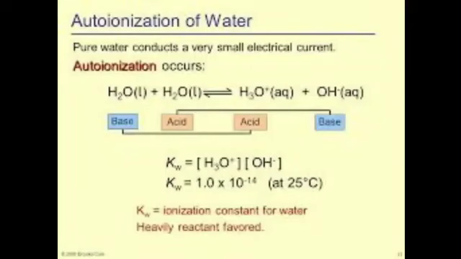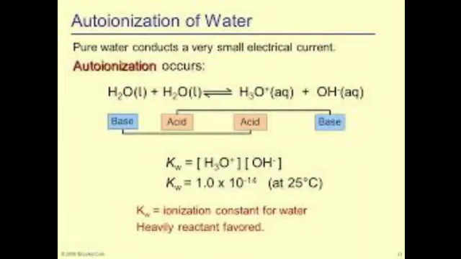Hence we write Kw is equal to concentration of H3O+ into concentration of OH-, where Kw is equal to K into K' and is called the ionic product of water.